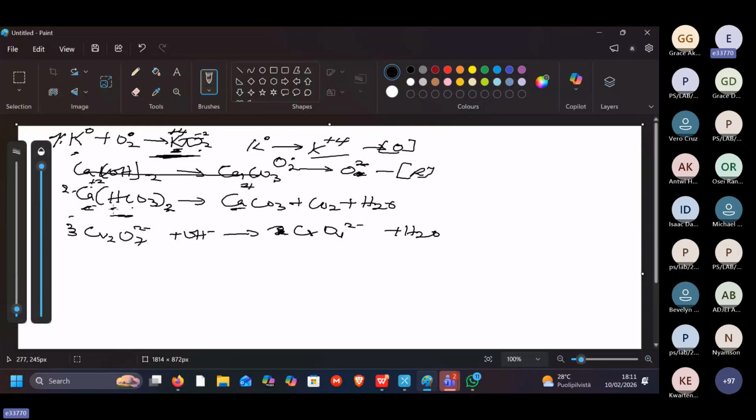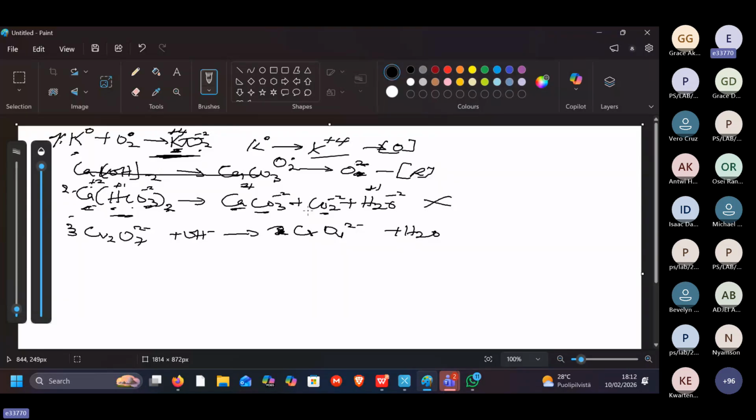Hydrogen here will be +1, and hydrogen is still +1 here. Nothing is happening. Oxide here is -2, oxide here is -2, oxide here is -2. Nothing is happening. So this equation is not a redox reaction.